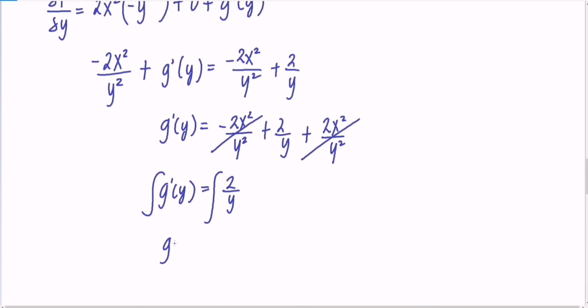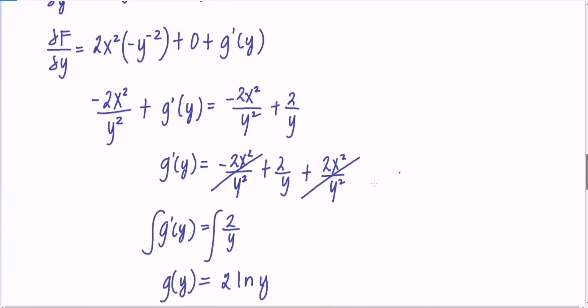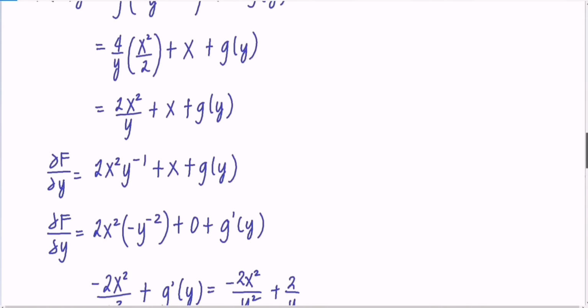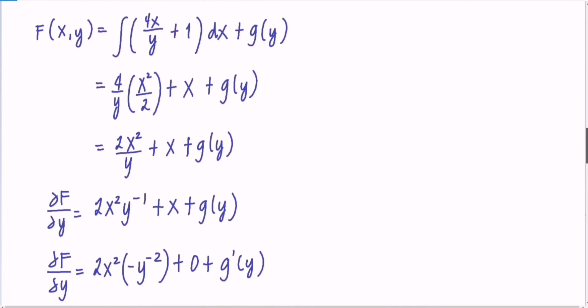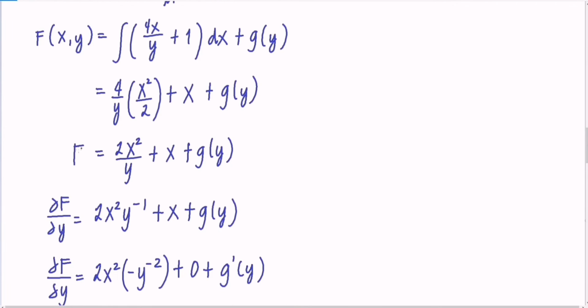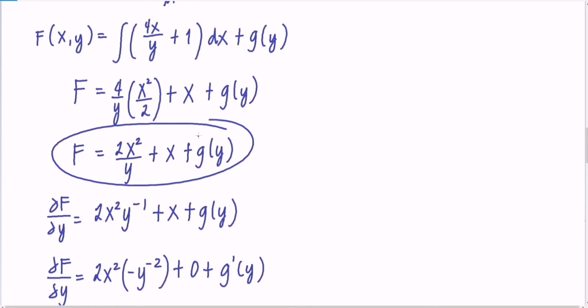Ayan. So, ang integral ng g prime of y is g of y. Okay? And then, integral of 2 over y is 2 ln y. So, anong gagawin ko dyan? Ibabalik ko lang doon sa f. Asan yung f natin? Ito. Ayan, ito. Hindi ko pala nasulat. Pwede na namang ito para naka-simplify na siya.